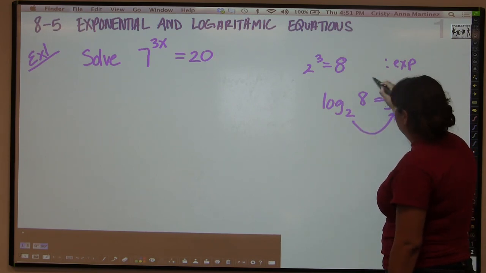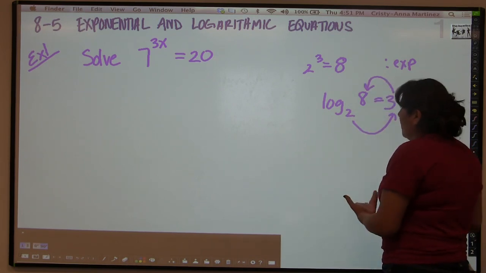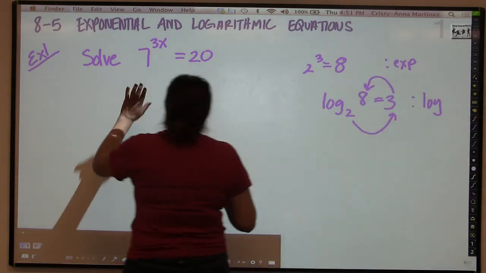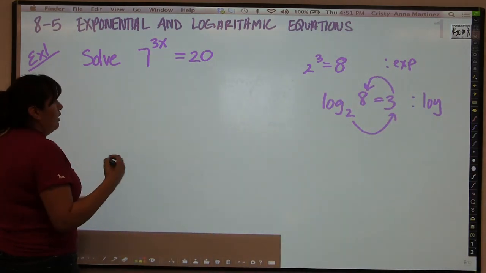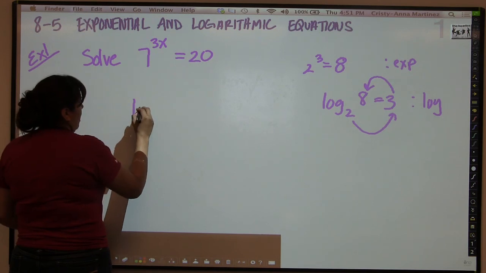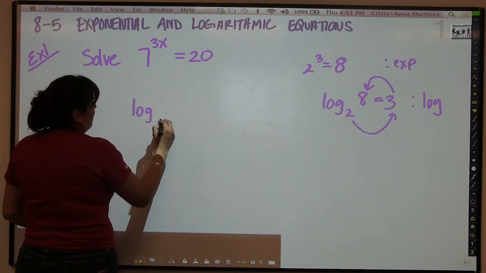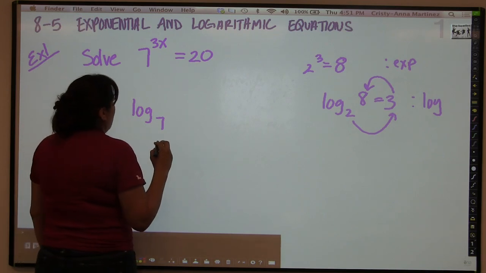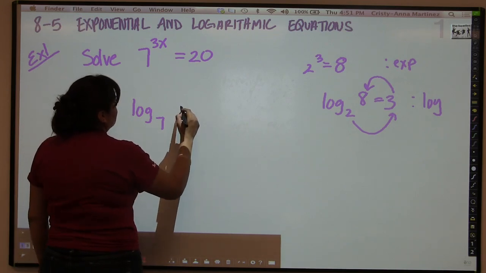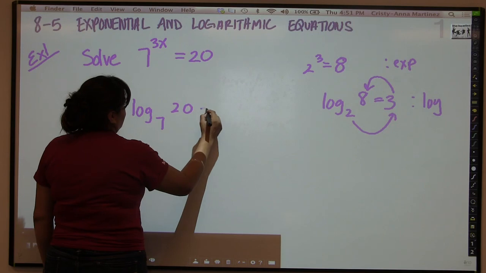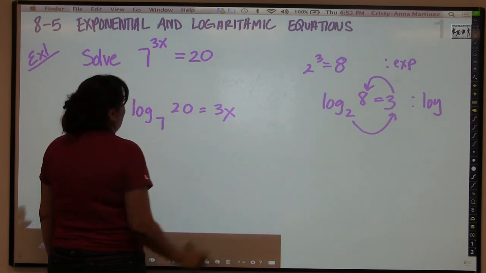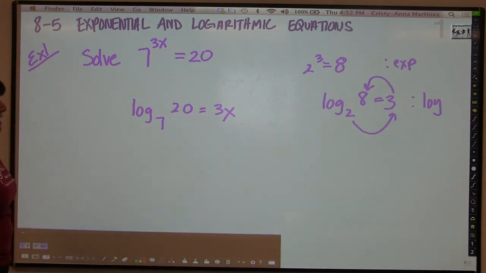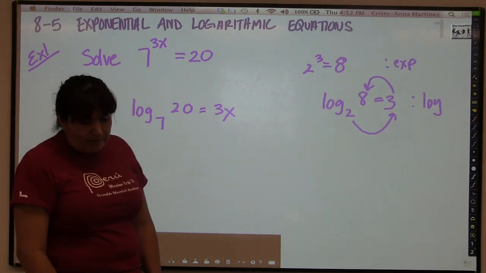So if you keep that in mind, when I look at this and I want to put it in log form, I'm going to say log base 7 of 20 equals 3x. That is how we're going to do this.